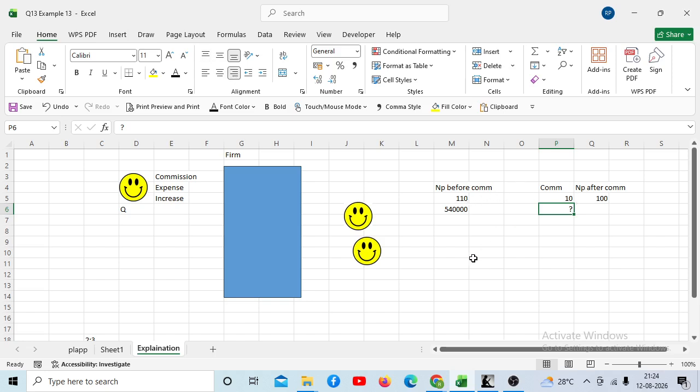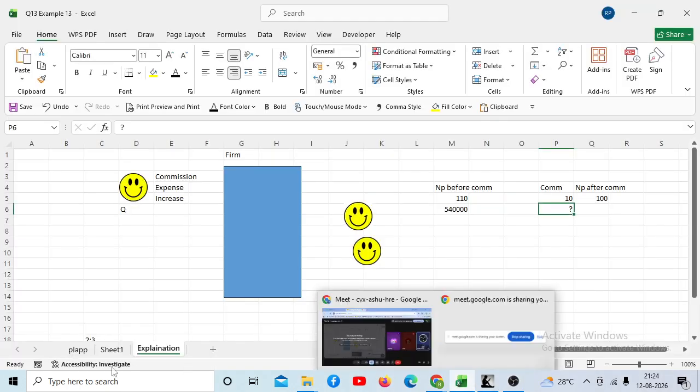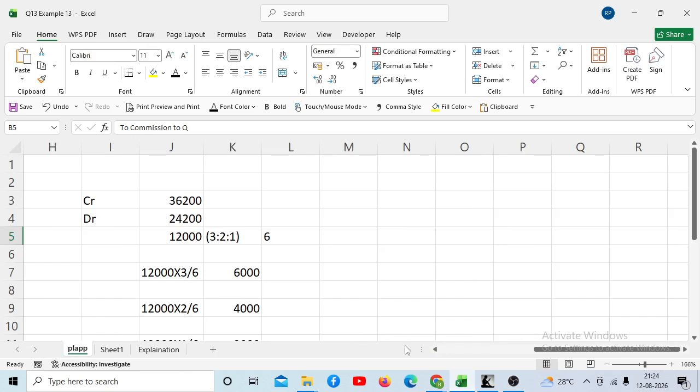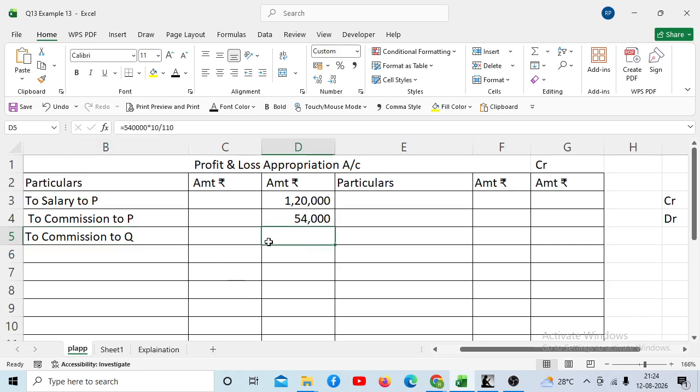Can you cross multiply this? Tell me what the answer is. 5,40,000 into 10 divided by 110 is how much? 49,090.